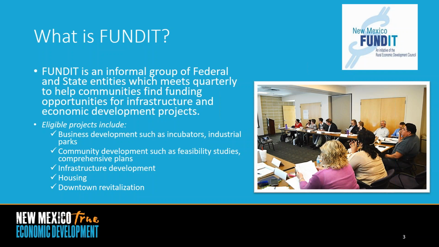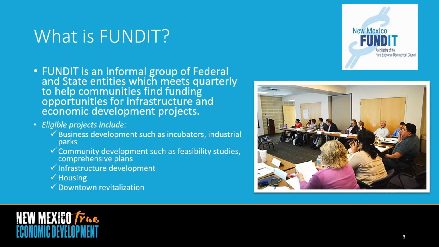What we do at FUNDIT is we receive applications from communities that have infrastructure projects or economic development projects, and those communities are able to present their project in front of this group of funders, the people with money. At that meeting they can get feedback, they can get direct insight into the relative funding programs.